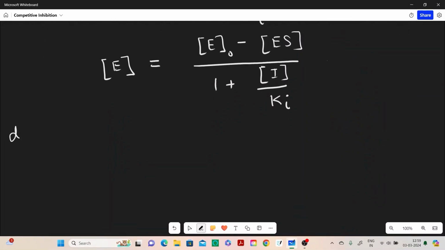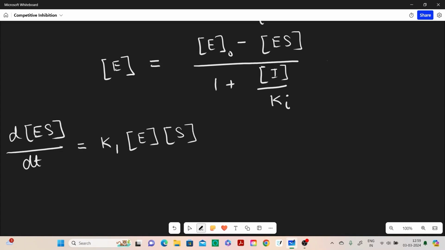It is the rate of change of enzyme substrate complex over time is equal to K1 times the concentration of free enzyme times substrate, minus K minus 1 ES, minus K2 ES.